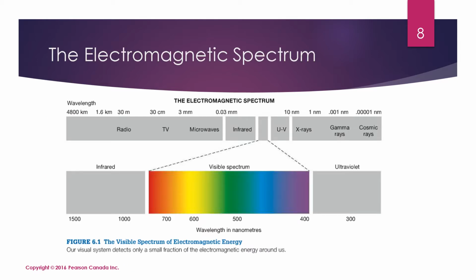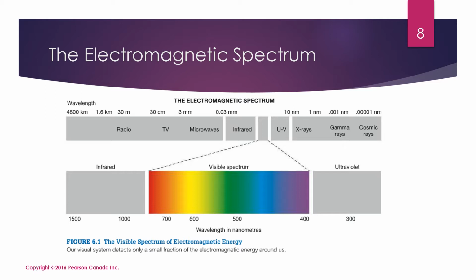The electromagnetic spectrum basically just shows us all the different wavelengths of light that are possible. And you can see that the visual spectrum for human beings is very narrow. It actually only goes from about maybe 800, 850 to about 400 nanometers.